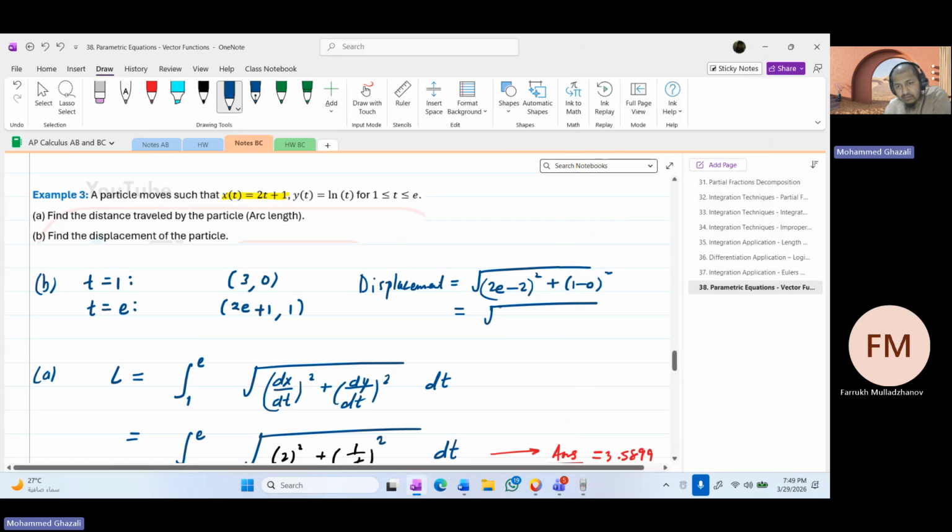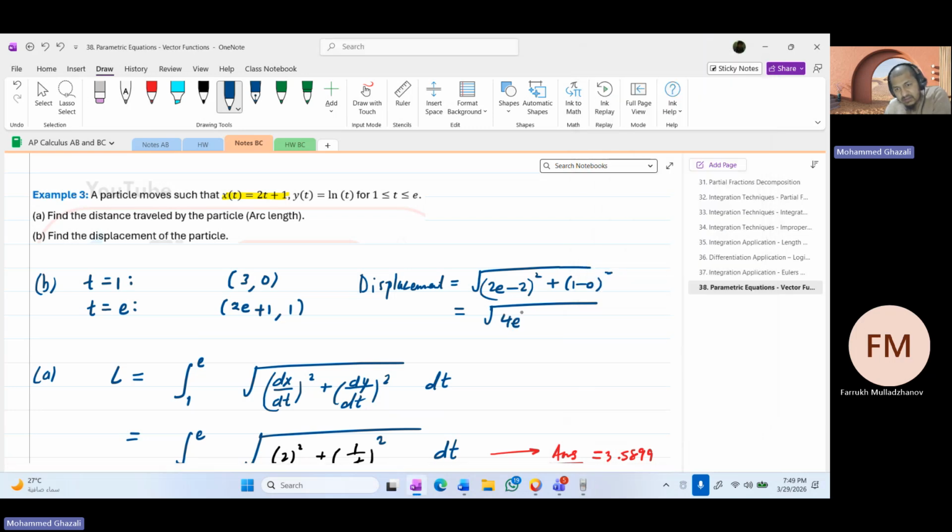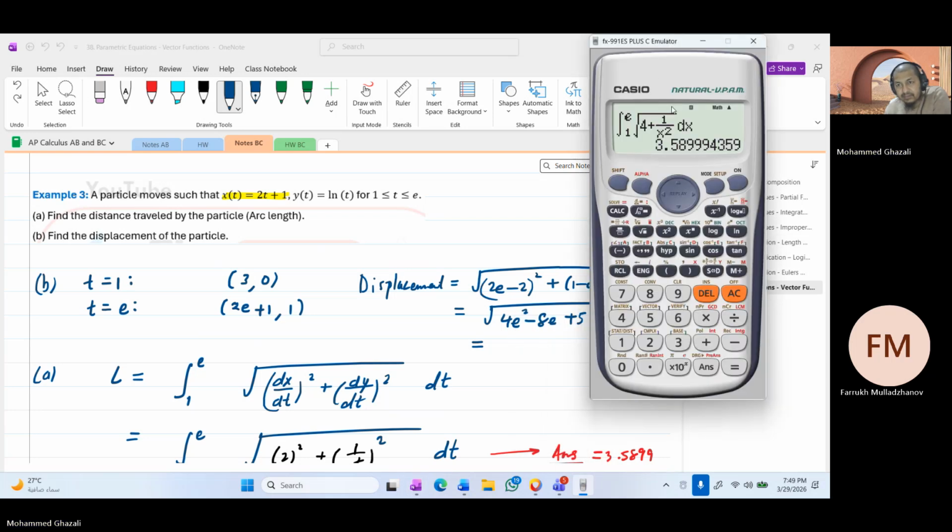Otherwise, in normal form, you'll have 4e squared minus 8e plus 4 plus 1, plus 5. So you'll have this answer here. What's the answer for that? Square root of 2 alpha e minus 2 squared plus 1. I'm getting 3.5791.